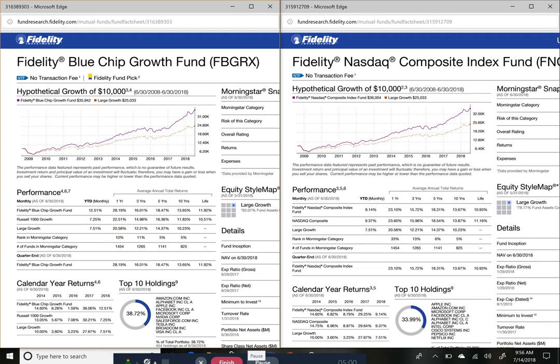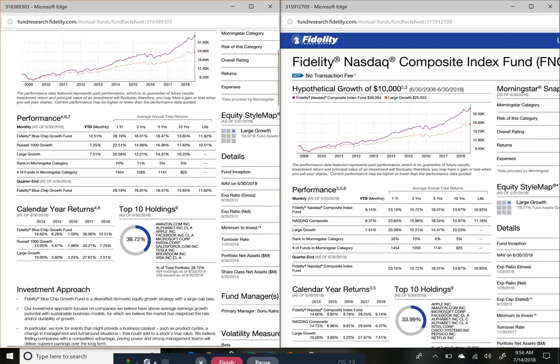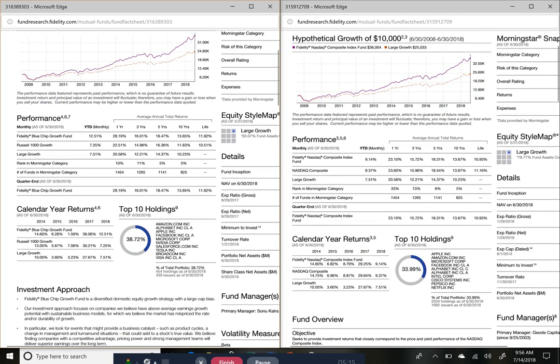Okay, so here, taking a look at these funds, these are the PDFs generated by Fidelity. I pulled all this information from Fidelity. And again, we're going to take a look at the diversification of these funds. You can see 38.72% of their holdings is taken up by their top 10, and 33.99, so 34% here.